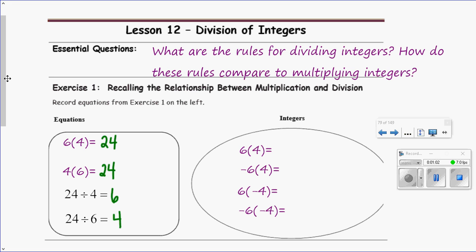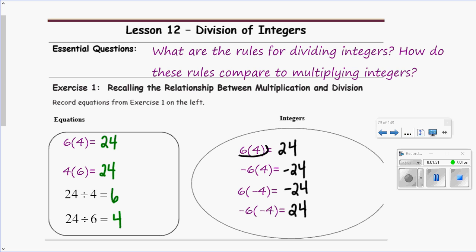Over on the right-hand side, though, we're going to talk about what happens when they're integers. So what happens when there are positives and negatives. So a quick review, go ahead and write your answers down and see if you can get the signs right. Unpause it when you're ready to check your answers that go into the integer oval right there on your paper. Okay, did you get 24, negative 24, negative 24, and positive 24?